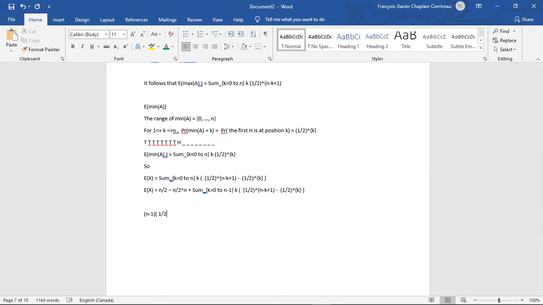Just to be careful, it's a half squared, right? So 1/4, minus, and when this is equal to -1, -1/2 to the n minus 1.